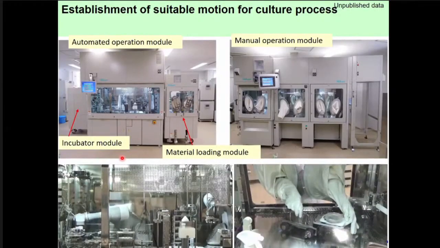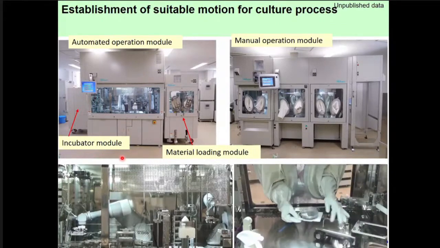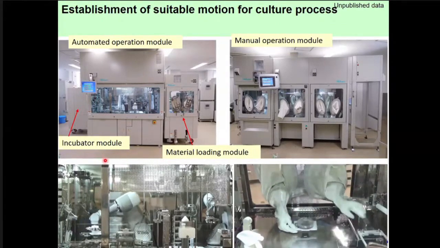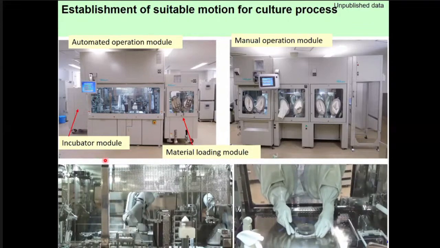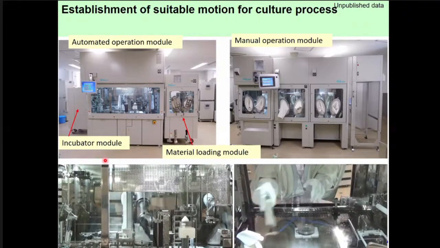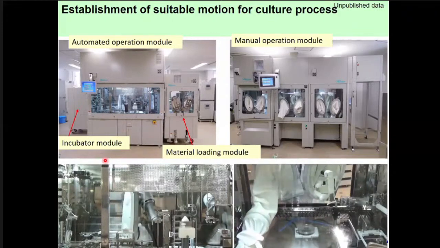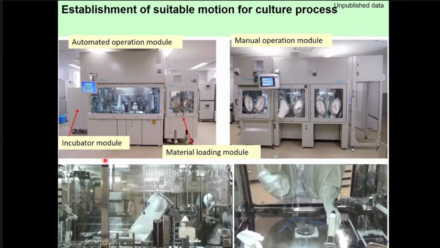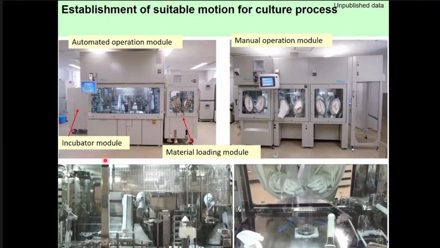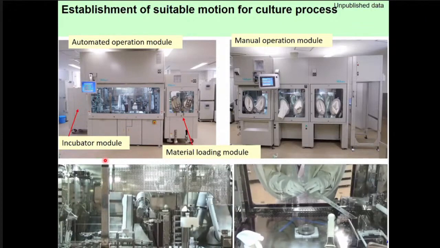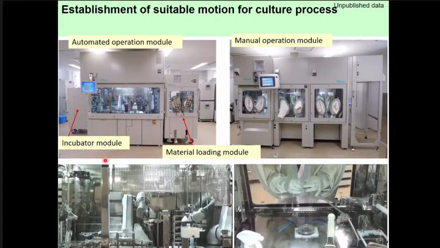The right side is manual operation for medium change. The left side is the automation system. They have the same protocol for the medium change. Okay. So we are checking the gravity force for the XYZ axes. The right side operator is our laboratory expert, a very good, excellent expert.